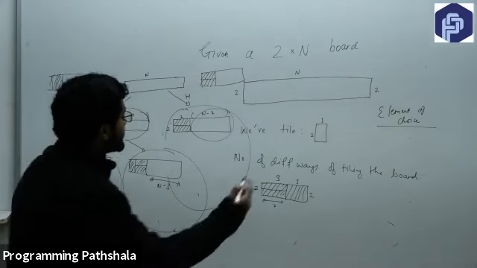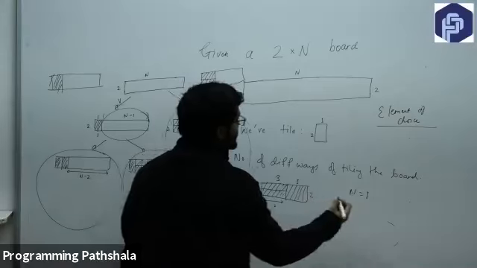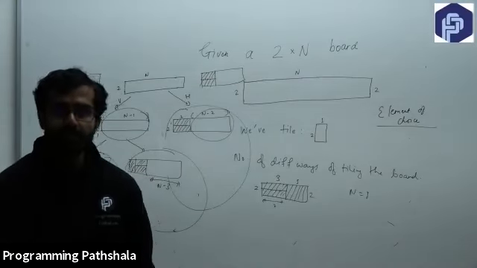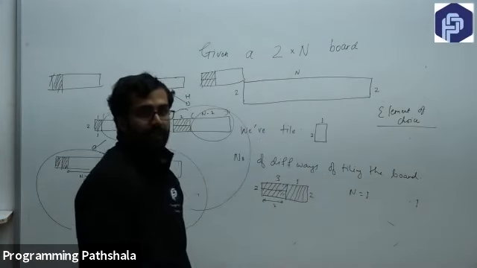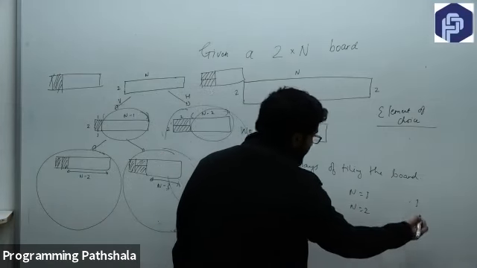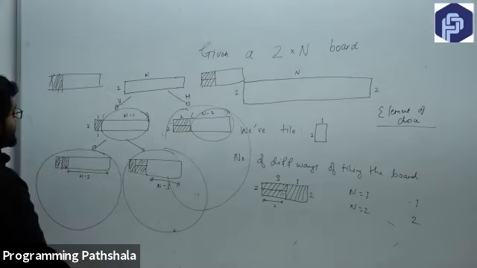Can you tell me what will be the answer for n equals 1? If n is equal to 1, how many different ways are there? Just one way. For n equals 1, the answer would be 1. And for n equals 2, the answer would be 2, because we just showed that. So that can be your termination condition.